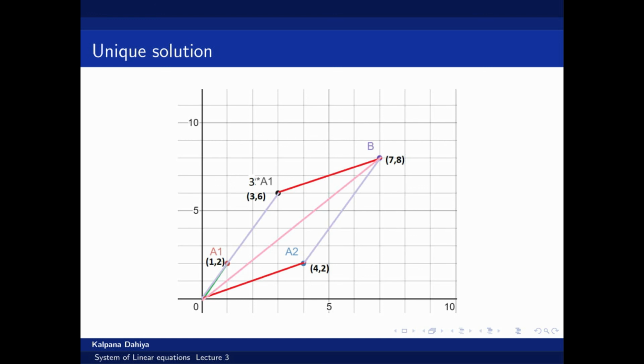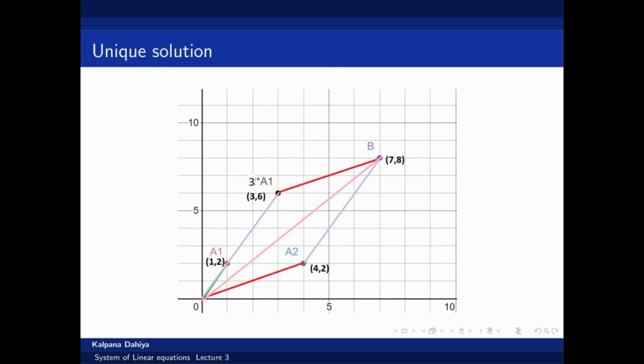So what I will do, I will draw a vector which is 3 times A1. So A1 is 1, 2. So the vector 3 times A1 will be 3, 6. I am representing this by a dot. We can see on the graph here, 3, 6. Now I have two vectors. One is the 3 times A1 vector and the second one is A2 as it is.